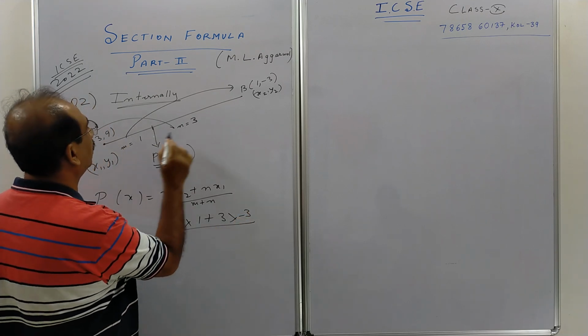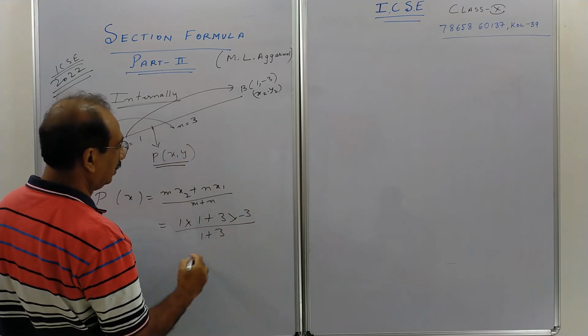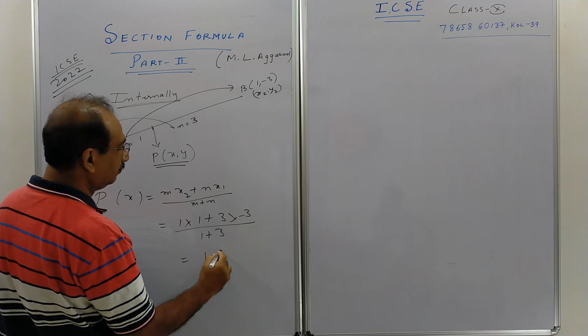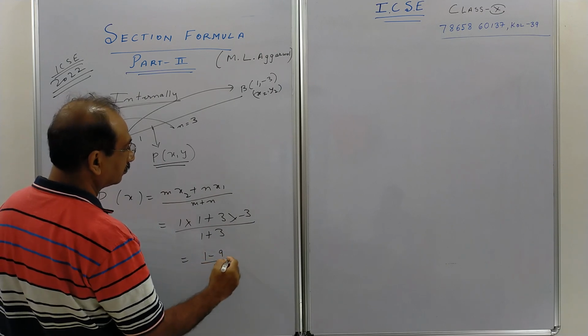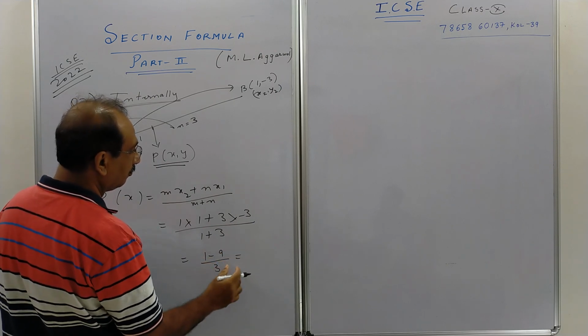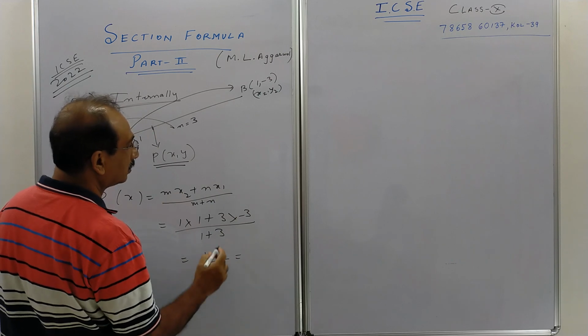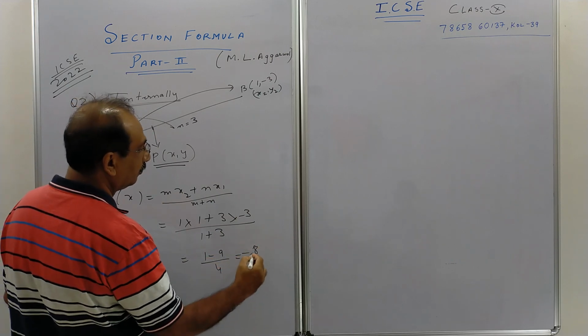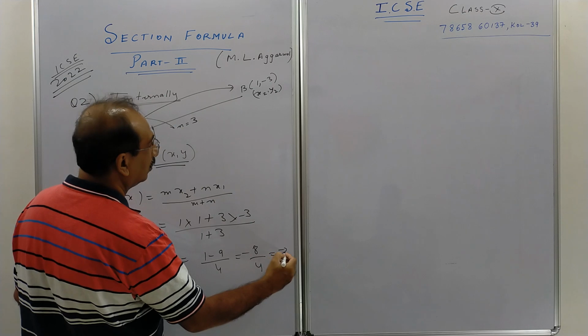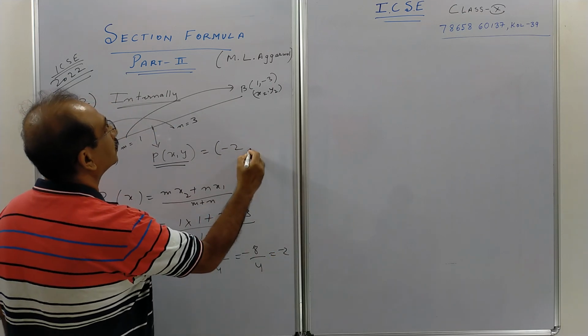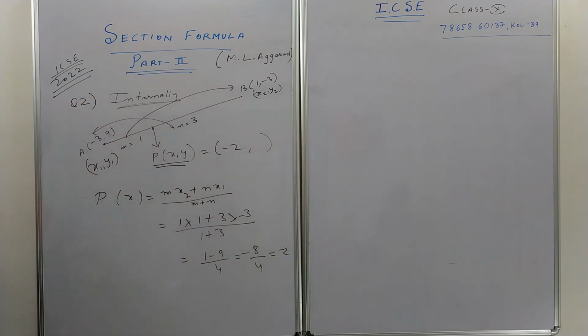So (1 times 1 plus 3 times minus 3) by 4, that is 1 minus 9 by 4, minus 8 by 4. So x is minus 2, children. X is minus 2. Now we try to get y.